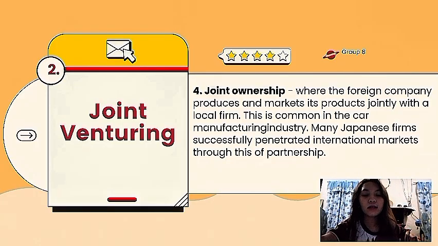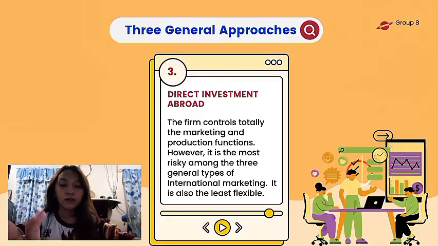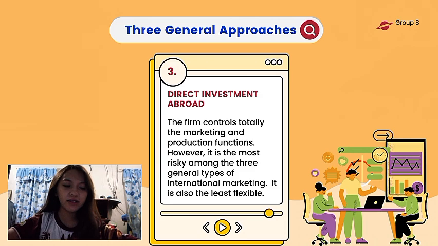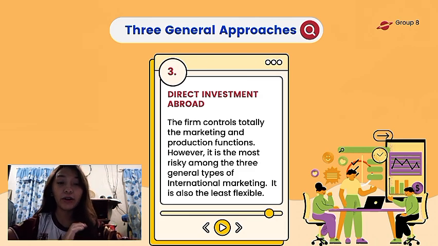Next, after joint venturing, is direct investment. Direct investment happens when a business builds its own factories, offices, or subsidiaries in a foreign market.